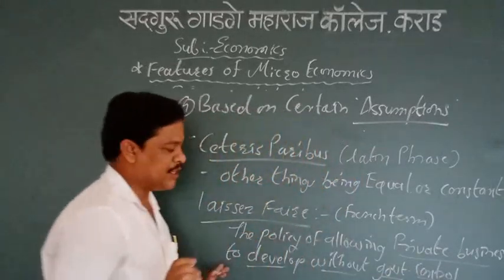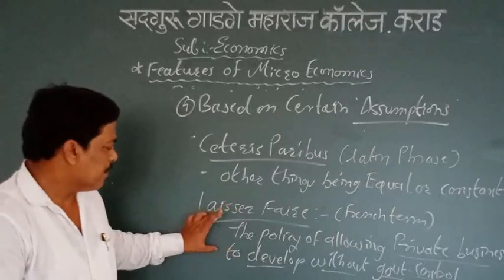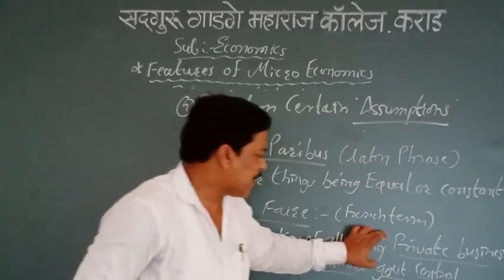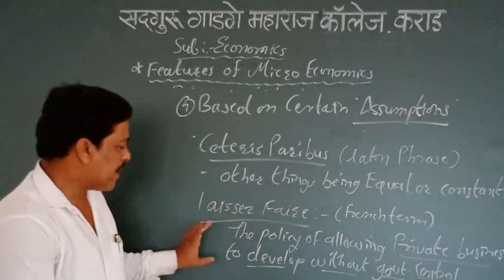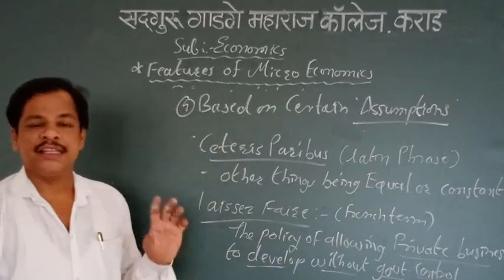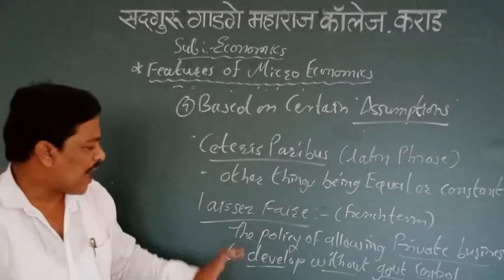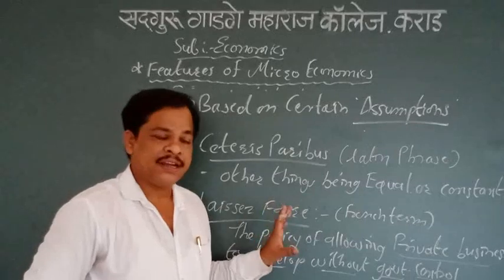That is, you are free. Suppose I want to start any kind of business, I am free. Suppose I want to start a factory, I can select the quantity, the equipment, and the labor, so I am free to start that factory.